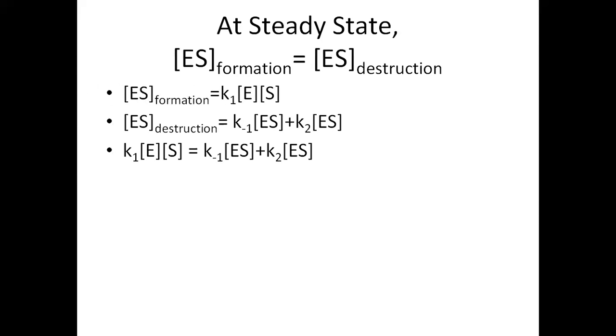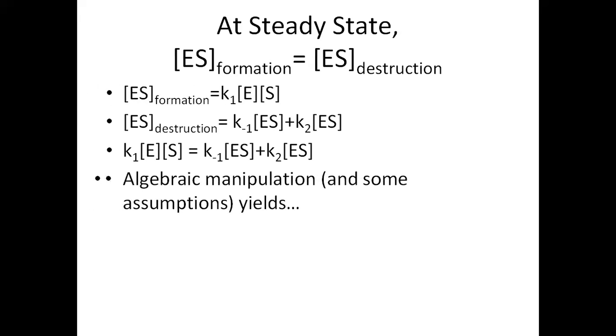I will not walk through the proof of this, but we can do some algebra, some substitutions, and some assumptions to yield a workable equation. One example of an assumption that we make is that the reaction is run for a short enough period of time that less than 5% of substrate is converted to product.